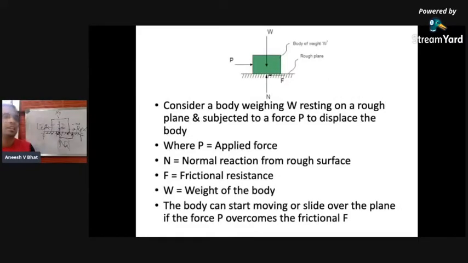Now, let us consider the same example. I'll consider a body which is in contact with a surface. The body has self-weight W. Self-weight will always act vertically downwards.